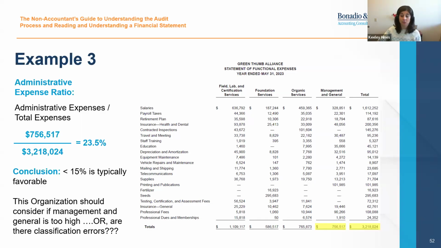Regardless, especially if looking at historical data, if there was no real change or explanation, but you see this percentage creeping up from prior years, is it that we're not properly classifying or identifying expenses that do really pertain to a program? Because we certainly don't feel that we can cut anything or reduce any headcount. So again, really staying informed and understanding your numbers can help guide those discussions and decision making for going forward.